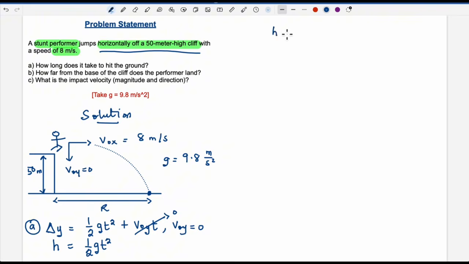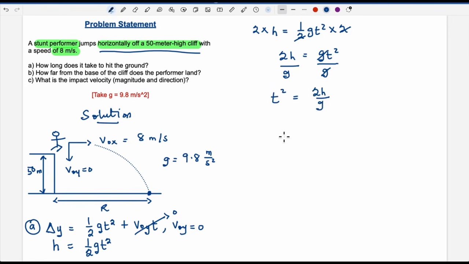From h equals 1/2 g t squared, we multiply by 2 on both sides, so this 2 cancels that 2, and we are left with 2h equals g t squared. Now we want to isolate t, so we divide both sides of the equation by g. That cancels this g, and we have t squared equals 2h over g.